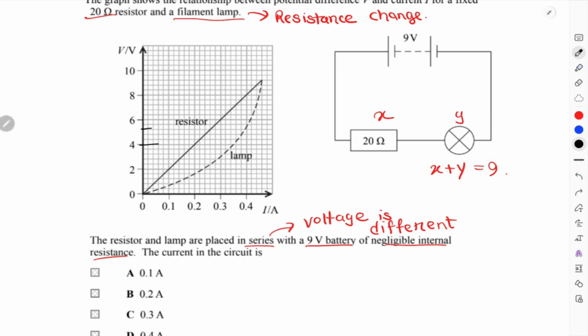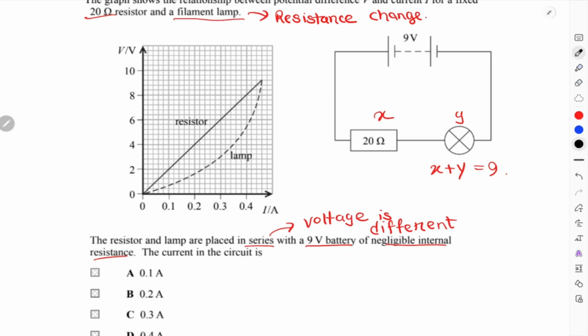Obviously 4 and 5 give you 9, but the problem is that at 5 you get an x-intercept over here, but at 4 the x-intercept is not the same. It has to be the same because the current is the same. So you have to choose one combination of voltages where the current will be the same for both components. Here you get a current of almost 0.28 for the resistor and almost 0.35 for the bulb, which is obviously not correct. That means we cannot choose 4 and 5.